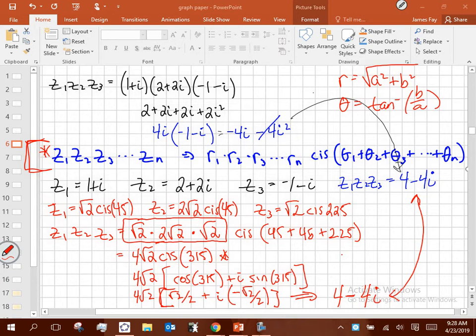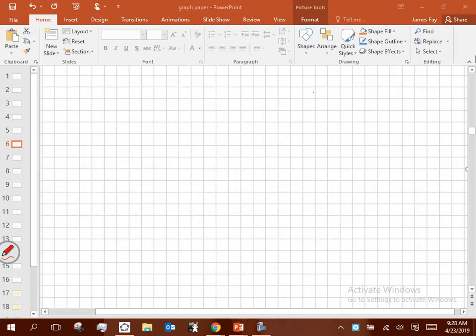Last class we did one. We just chose some arbitrary values for A and B with Z1, Z2, and Z3. So let's kind of do the same thing here. If I go to Z1, let's say it's 2 plus 3I. Z2 is 4 minus 5I.